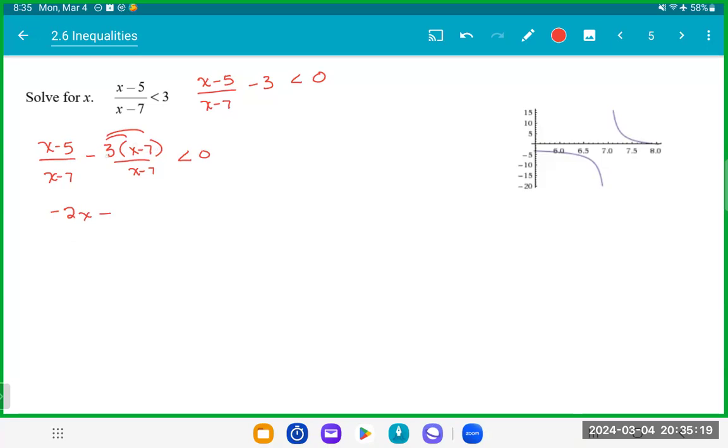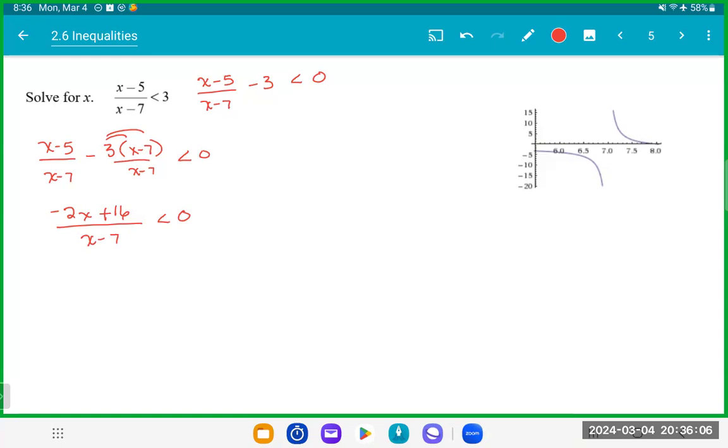Sorry, let me see. Yeah, -3x, yeah, 2x. So this gives me +21, because we have -3 times -7 is 21 minus 5. So that's going to give me +16 over x minus 7, and that is less than 0. Okay?